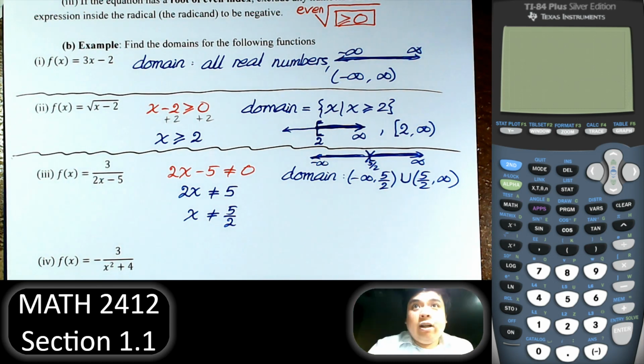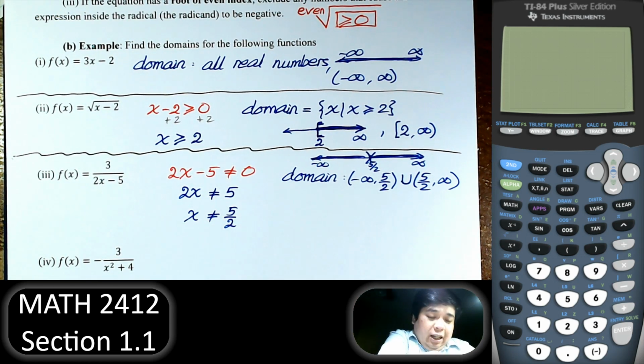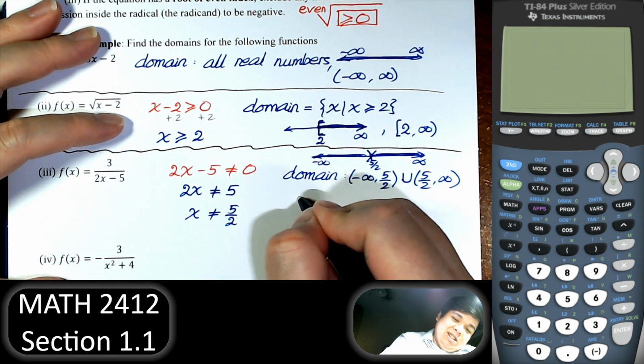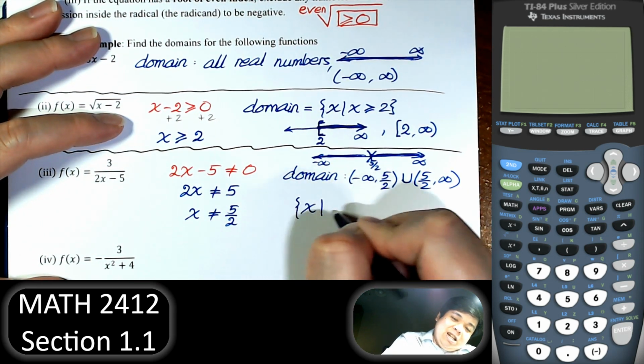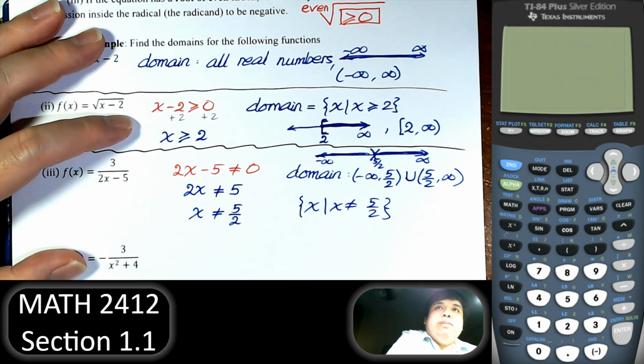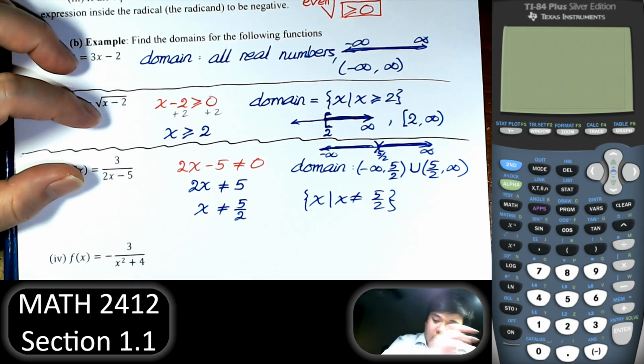Right? So, yeah, of course, or we can just say the set of all the x such that x is not equal to 5/2. Yeah, any of this will work.